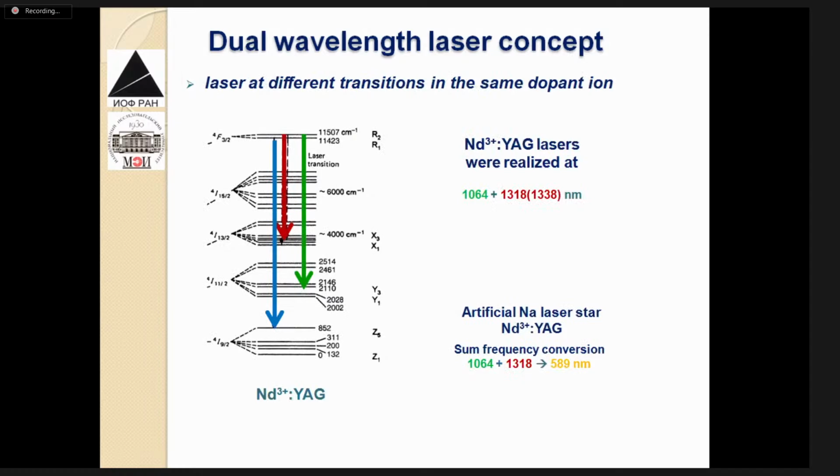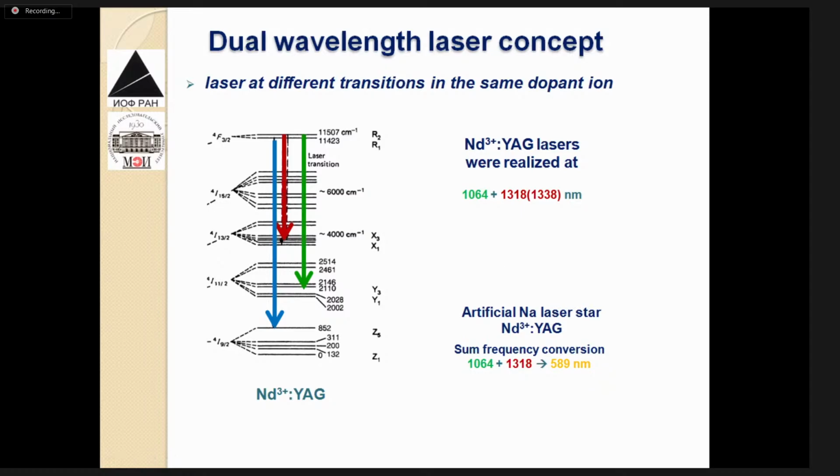Of course, it's possible to use the same ion in the laser crystal. For example, for neodymium ions, dual wavelength radiation was realized at different levels: the ground level, the first, second, and third levels. Especially for the artificial sodium laser guide star project, the sum frequency of 1064 and 1318 gives the radiation exactly for absorption of sodium in the upper layer of the atmosphere.